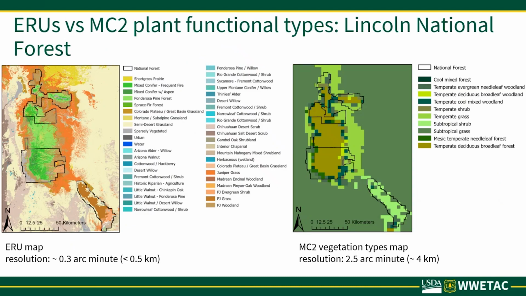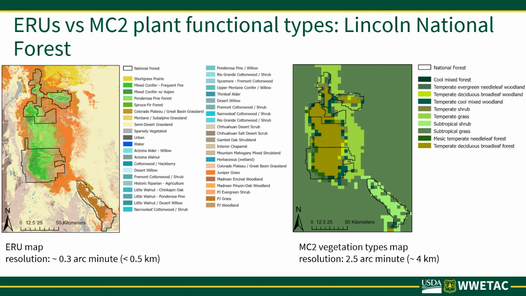So while we are taking on the whole Southwest, we have a test case scenario, and that is the Lincoln National Forest that is in New Mexico. The rectangular area there is showing the whole area that we modeled for our test case. So we have the Lincoln National Forest and some of the outlying areas. The map on the left is our ERU map.